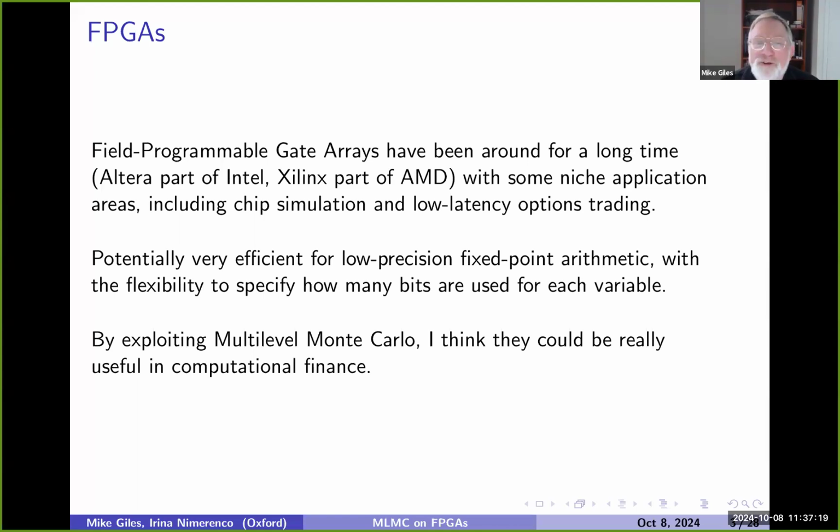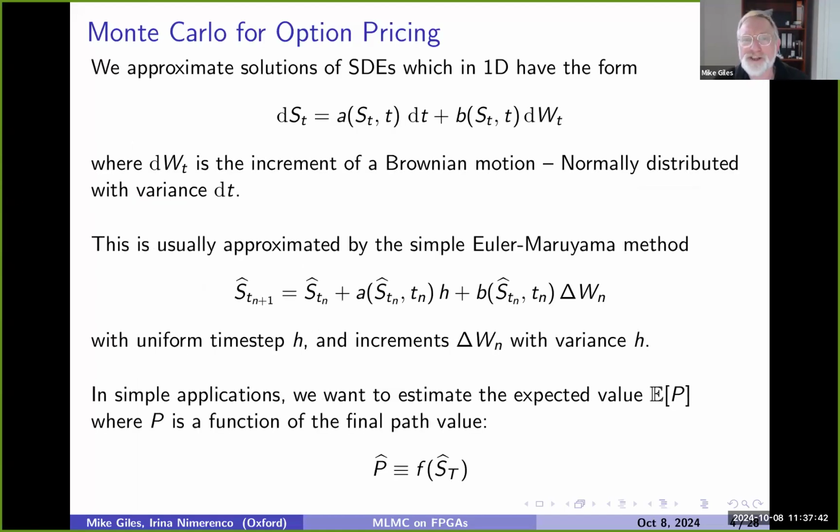With multi-level, as you might guess, we can correct for the errors due to the low precision computing. So I think this is an ideal combination, multi-level plus FPGAs, and all aimed towards the computational finance application. This is maybe the killer application that FPGAs need to really break through into the mainstream of scientific computing.